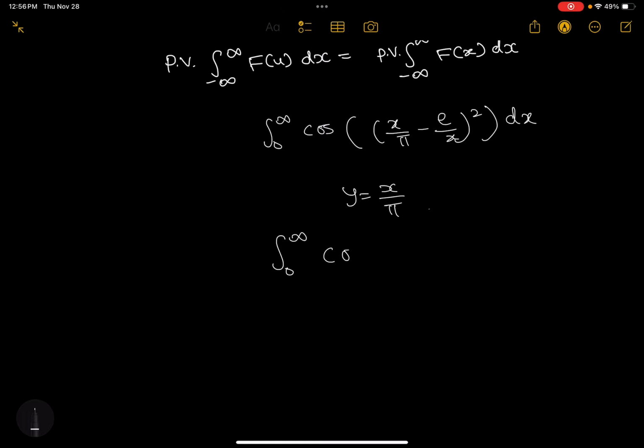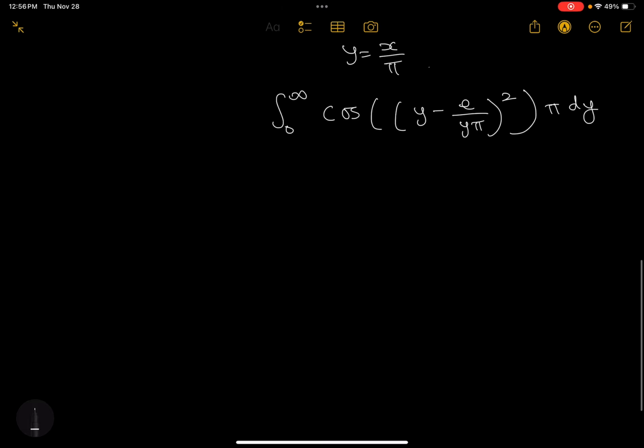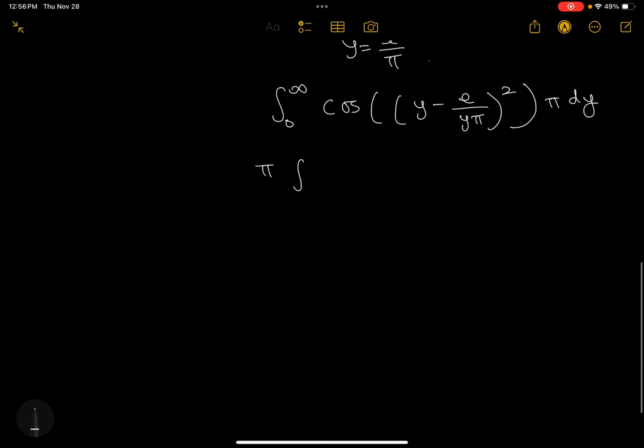Now cos, and this will just be (y minus e by (y pi)), and then squared. Now dx is just pi dy, right?